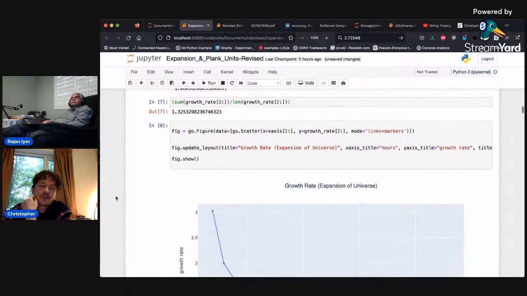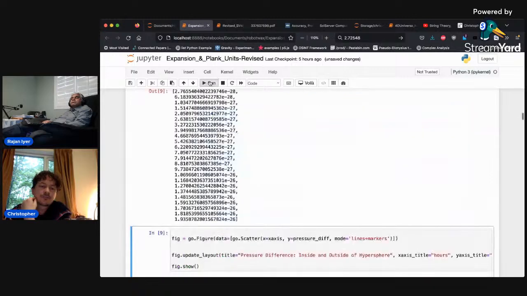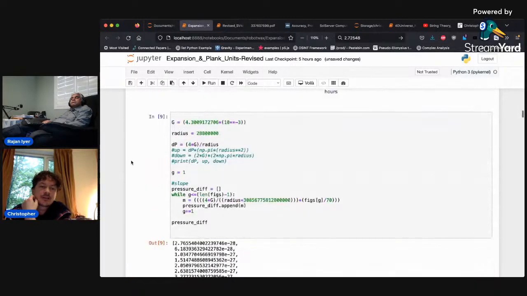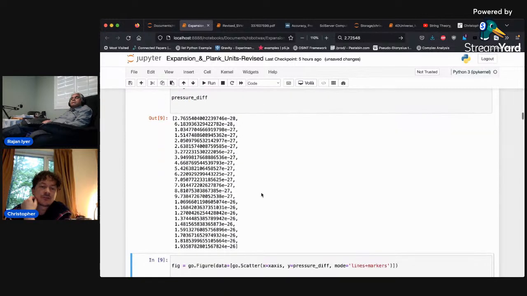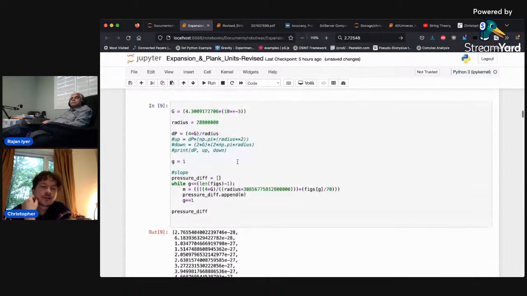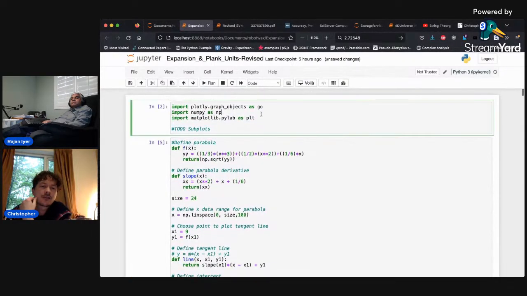So this is the growth rate of the universe. Now this is the pressure differential, and we notice that it's, oh, I'm not sure if I like that. It seems to be different to what I had earlier.